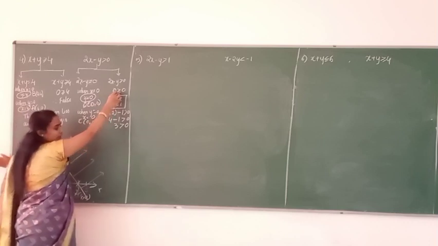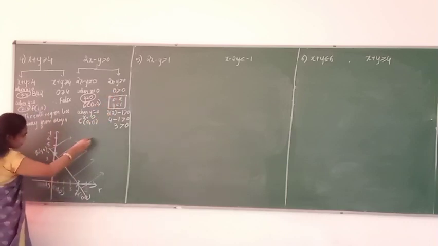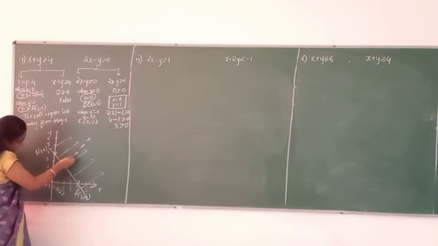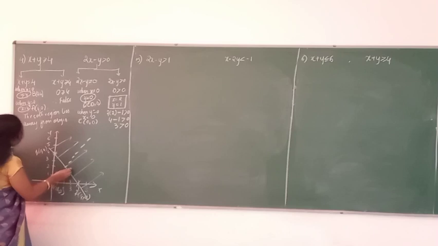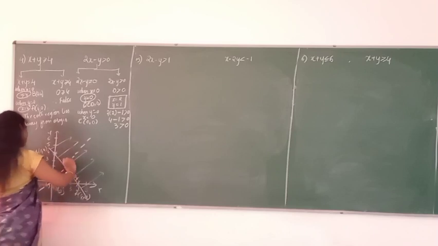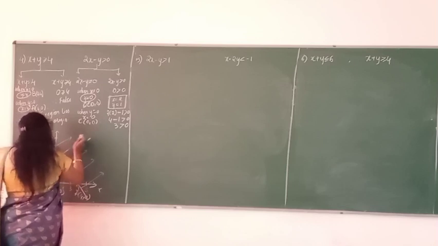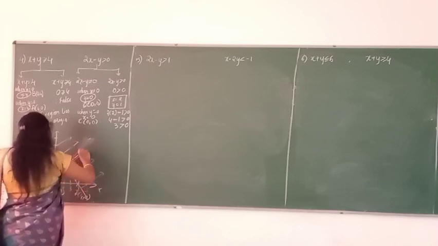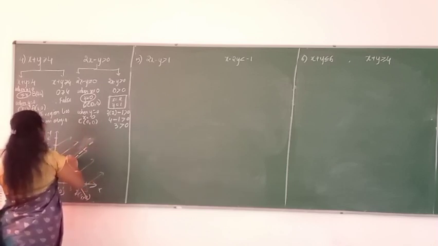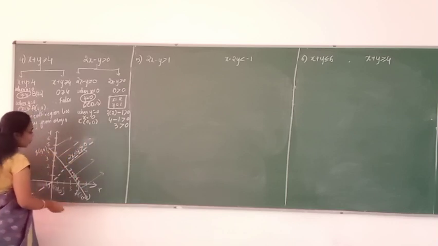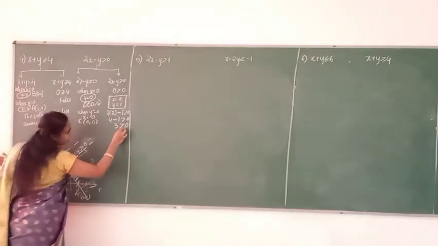So when it is greater than, less than, I said it will be a dotted line. So this is nothing but x plus y is greater than or equal to 4, and the dotted line is nothing but 2x minus y is greater than 0.